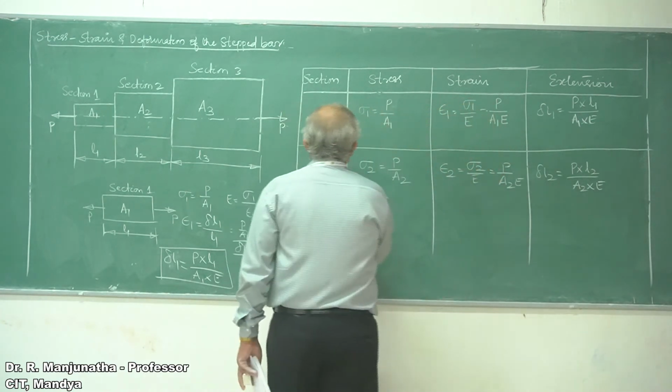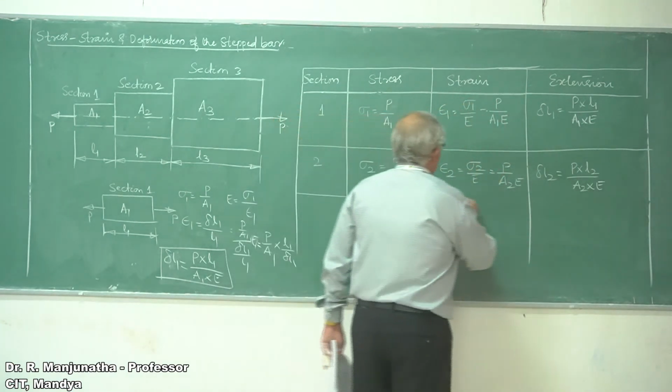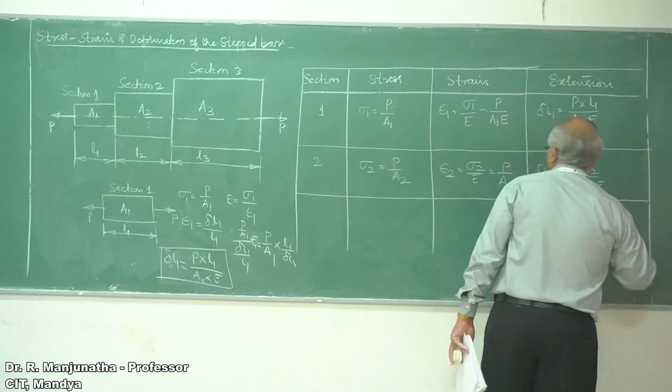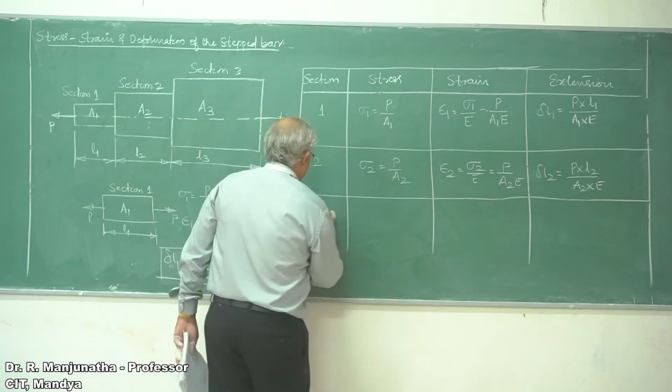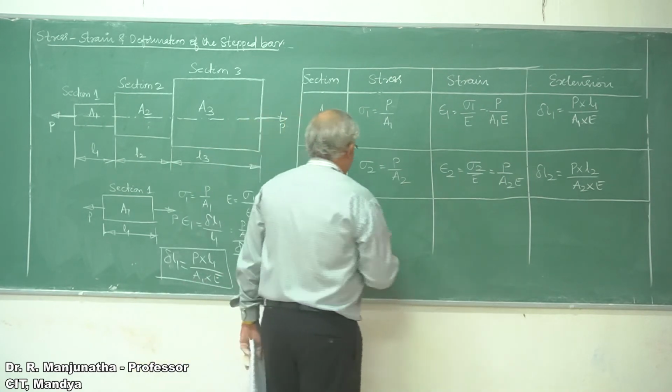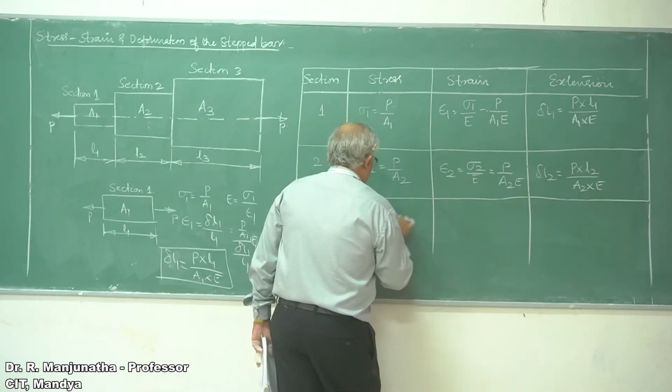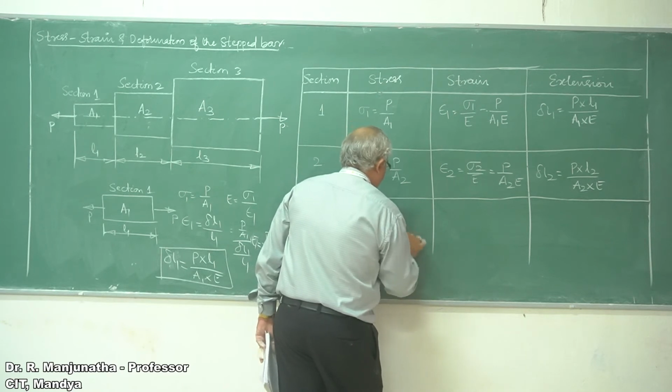Similarly, we are now going to consider section 3. The section 3 is this one, where sigma 3 will be equal to P by A3.